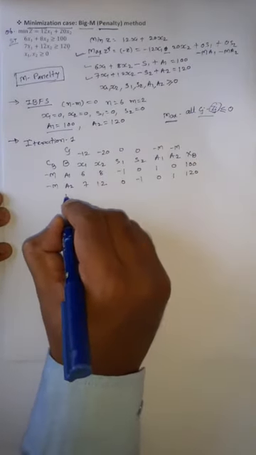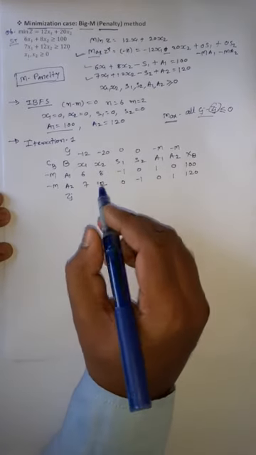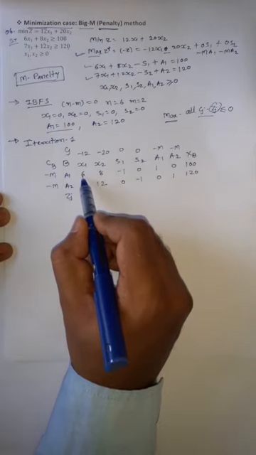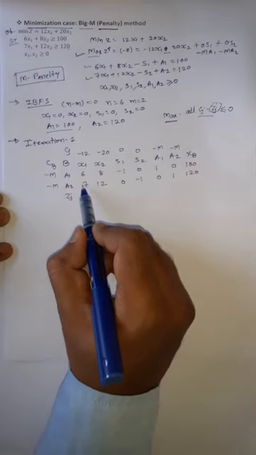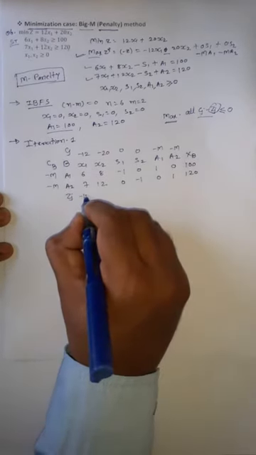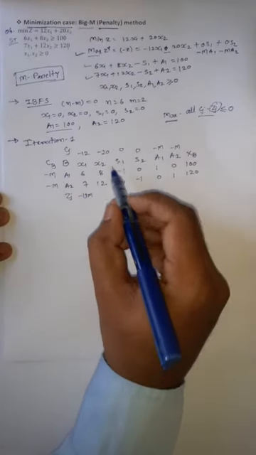So for the Zj value, for x1, multiply the elements, which is 6 here, 6 multiplied by minus m plus 7 multiplied by minus m. So ultimately it is minus 13 m.